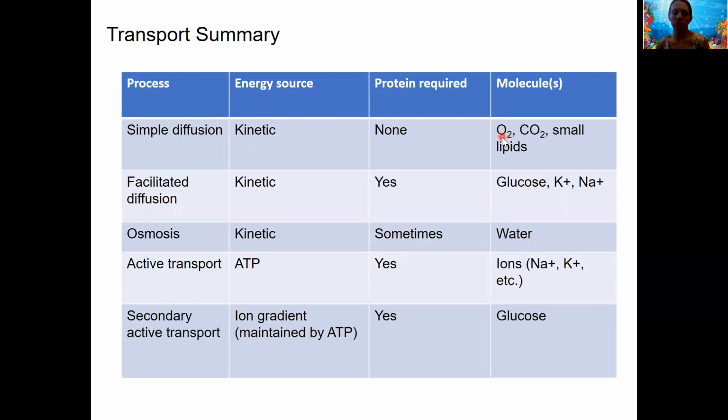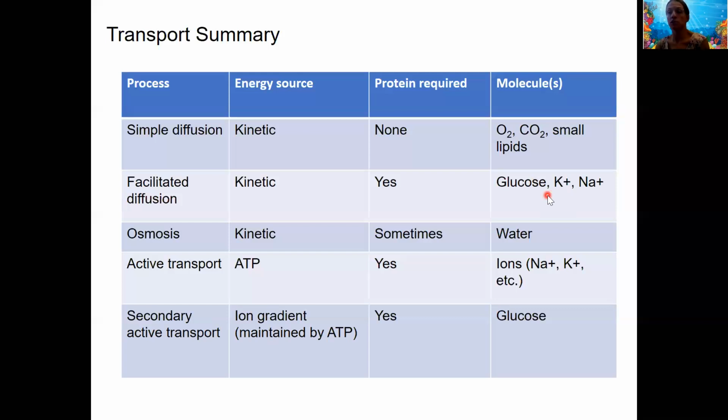And then what are examples of molecules that move via this mechanism? This has to be our small hydrophobic. This is going to be those things that can't pass through the membrane on their own, but still typically have concentration gradients. Not always, right? Glucose doesn't always have a concentration gradient.